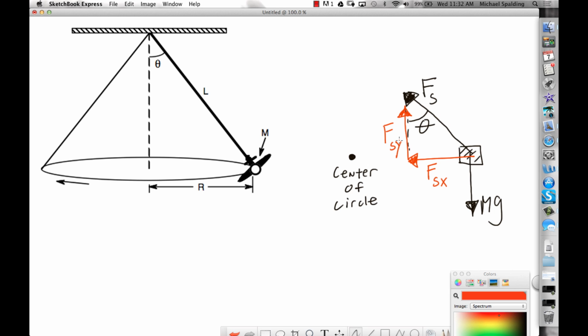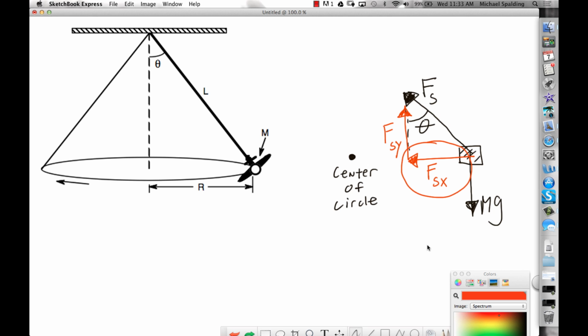Okay? The thing I want you to notice at this point, notice that force of string x points directly to the center of the circle, which means the force of string x component is the centripetal force. This force right here is the centripetal force because it's the only force that points to the center of the circle.